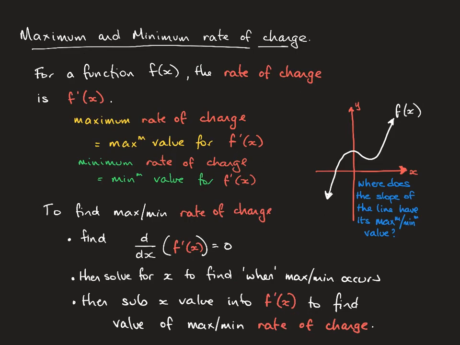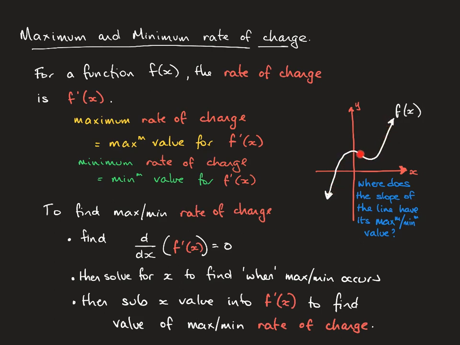Sometimes one of the things that you're asked to do is to find a maximum value or a minimum value for the rate of change. Not the function itself, but the rate of change of the function. So for a function f of x, the rate of change of that function is the derivative. What the question is asking you to do is, for this particular function, find the maximum rate of change.